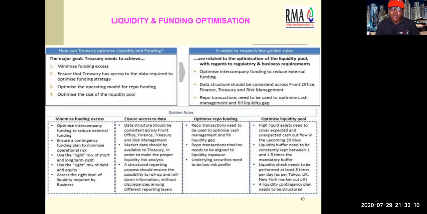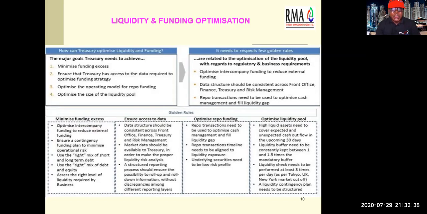We are going to focus on the fourth column, but it is important for me to state at this point that access to data is very key in managing and optimizing liquidity. Data structure should be consistent across the front office, the middle office, and also the back office.